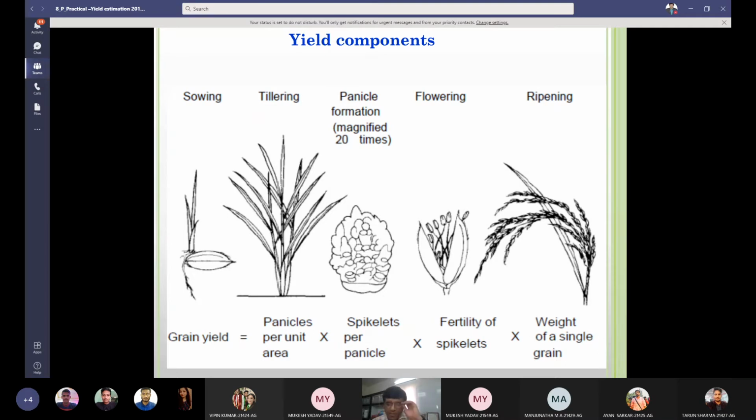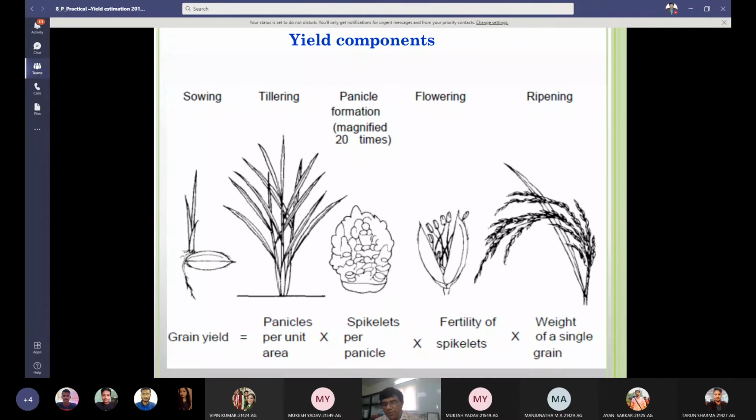Fertility percentage means, suppose on average in one panicle of rice there are 100 spikelets, out of which only 90 have filled grains, then the fertility percent is 90%. Or you can say the sterility percent is 10%. 10% are sterile, they do not have seed. So fertility of the spikelet is very important.